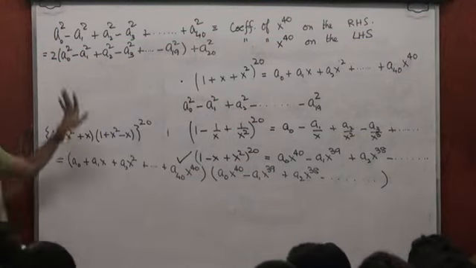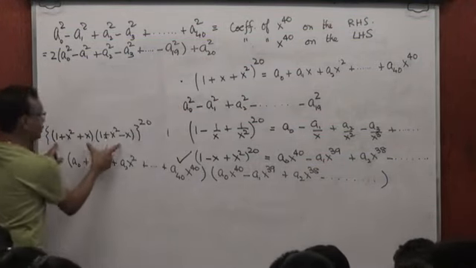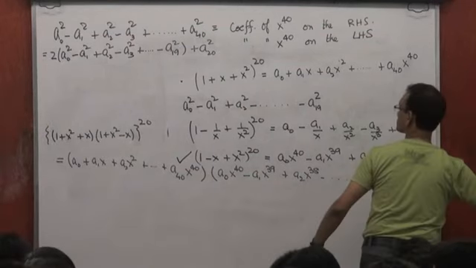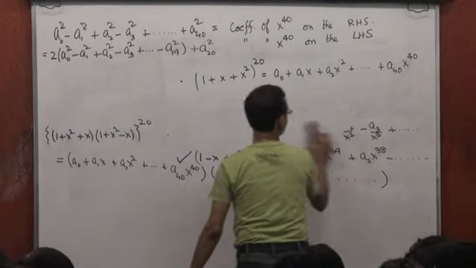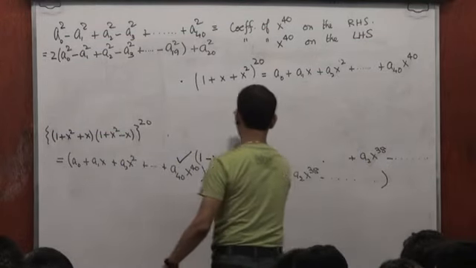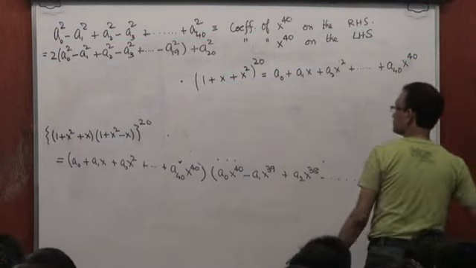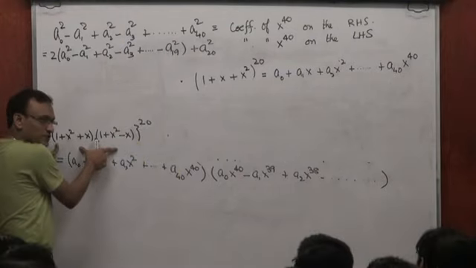And this would be equal to the coefficient of x power 40 on the left hand side, which is this. So I'm seeking the coefficient of x power 40 in this.